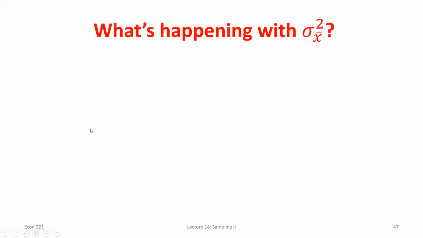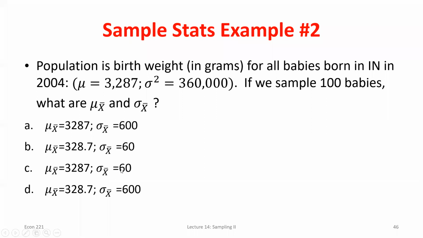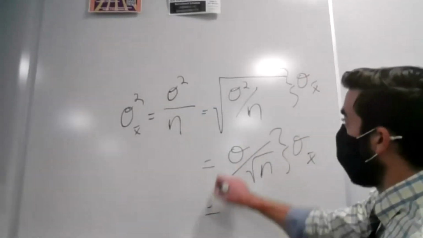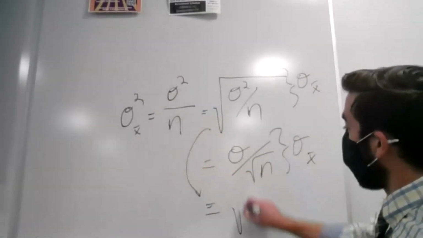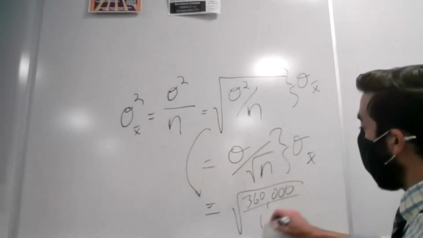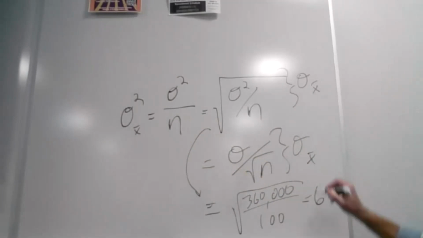That's option C. And you can calculate it: use these equations and plug in our values. It would be the square root of 360,000 divided by 100, which if you put that in your calculator, you should get 60, okay?